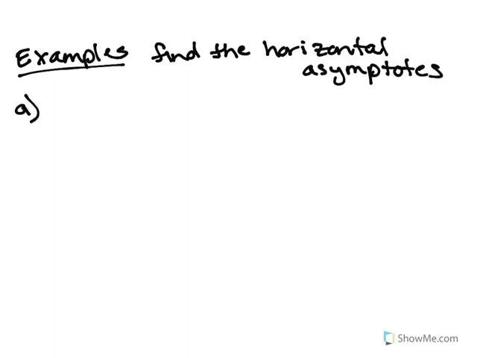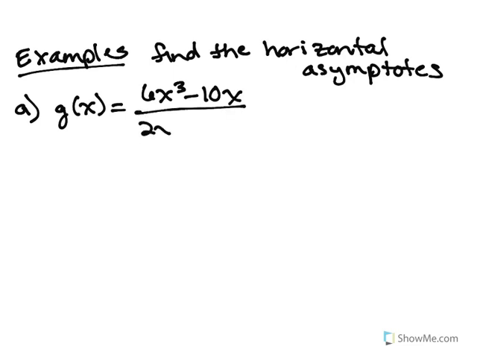All right, so we want to find the horizontal asymptotes. My first function is g of x equals 6x cubed minus 10x over 2x cubed plus 5x squared.